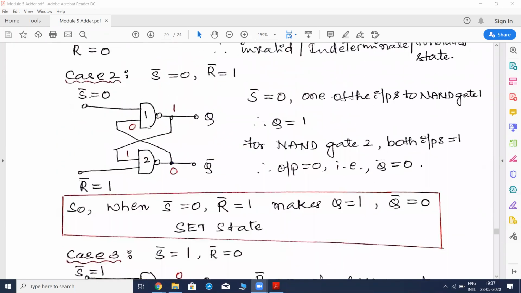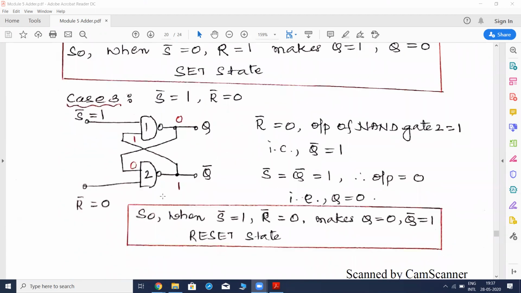In the next case, we will interchange S bar and R bar. So when we interchange them, now we take S bar equal to 1 and R bar equal to 0. Now from which NAND gate do we start our analysis? We need to start from NAND gate 2, because one of the inputs to NAND gate 2 is 0.